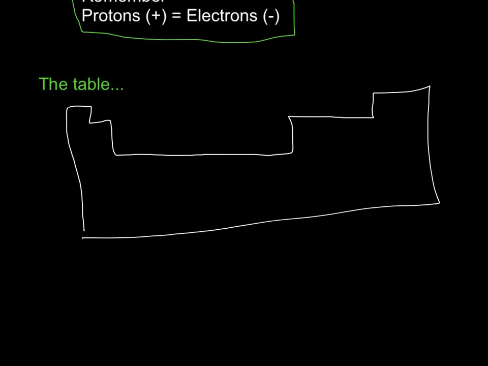And we're going to remember that the rows are called periods, and there are 7 periods on the periodic table, and you have 7 class periods a day, and they range starting at 1, then there's 2, then it goes down to 3, 4, 5, 6, 7. Okay? And then we have groups or families.